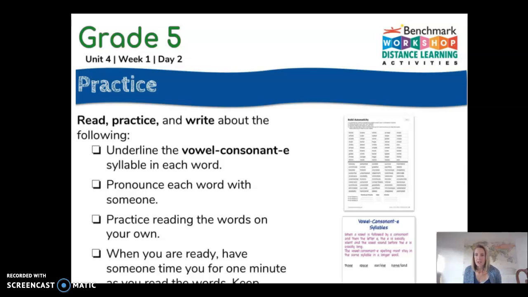I'm going to read the words below the line with you. If you would like to read with me, stay here. If you are comfortable reading these words by yourself, or maybe have another family member you would like to read them with, feel free to stop the video and get started.